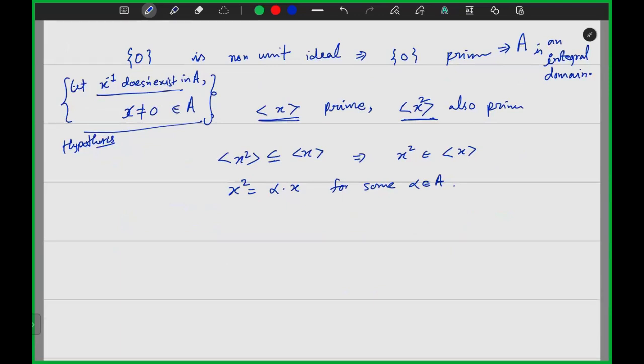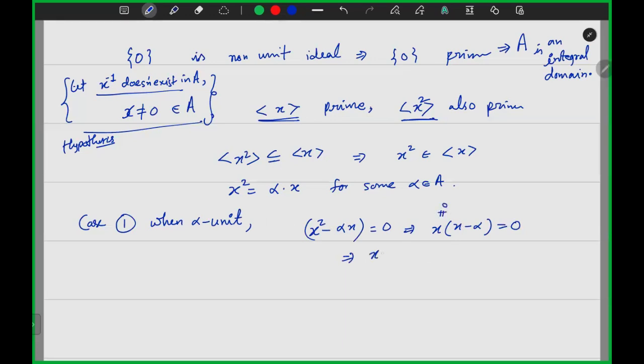We will have two cases from here. First case, when alpha is a unit. We will have x square minus alpha x is equal to 0, and this will imply, because x is not 0, that x is equal to alpha.